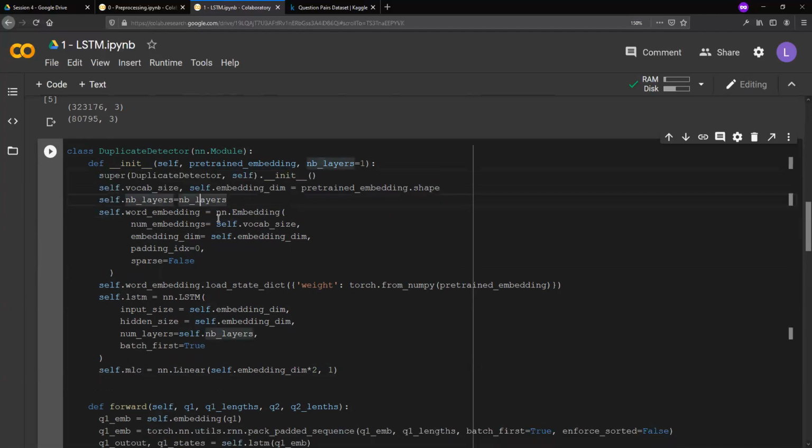That, as well as we can define the number of layers we have in our LSTM model.